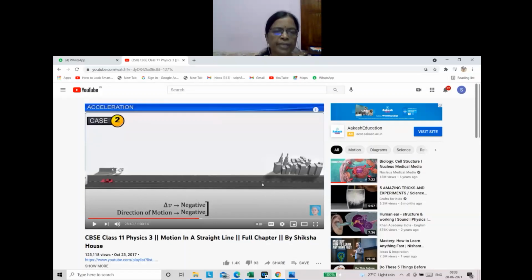So moving in negative direction and velocity decreased. So delta V, change in velocity, is negative. For example, 70 here, 0 here, velocity is decreasing. Final minus initial, that will be negative. Delta V is negative. And direction of motion is negative.